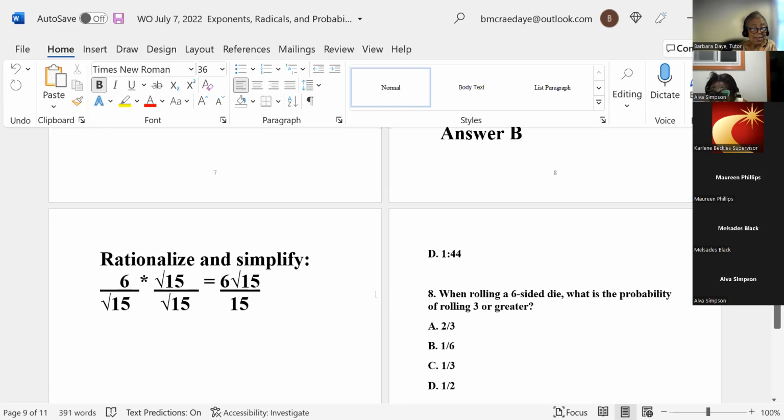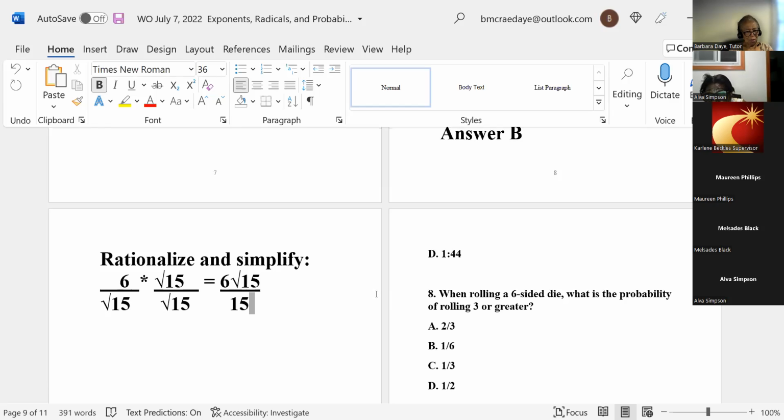Now I said to simplify. Mercedes, how would you simplify it? I would say 15 to 15, 1. No, you can't. You have radical 15 and 15. Yeah, if you simplify it, maybe you would have 3.